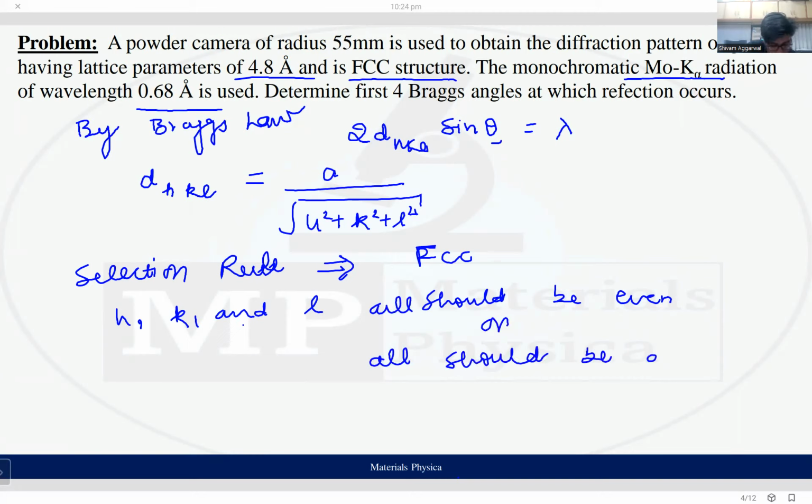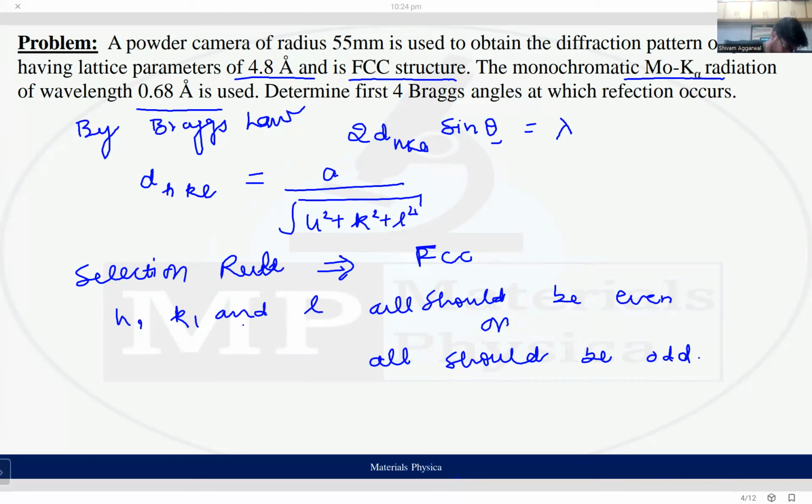Then reflection will occur, otherwise reflection will not occur in an FCC structure. So let us make combinations according to that condition: all should be odd or all should be even, and h square plus k square plus l square should be in ascending order.